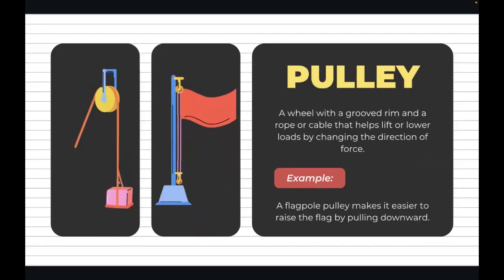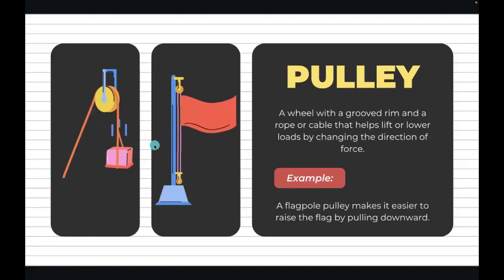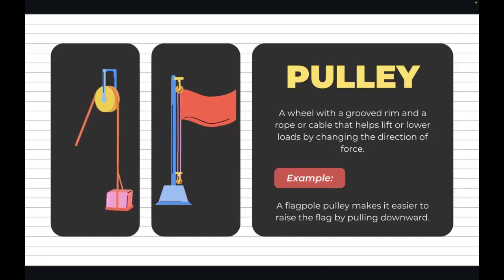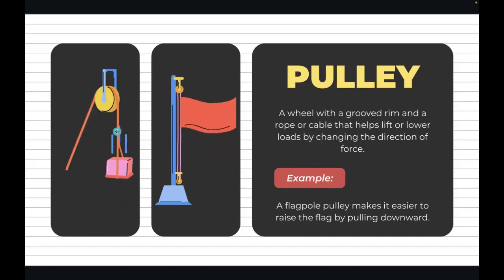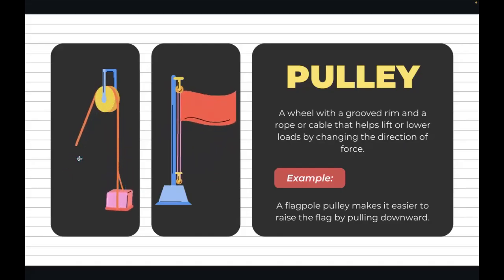Next, we're going to go into pulleys. A pulley is a wheel with a grooved rim, like right here, that helps lift or lower loads by changing the direction of force. So for example, maybe originally you thought of just carrying this block up, but when you use a pulley, you're changing it to where you're just pulling the rope down.